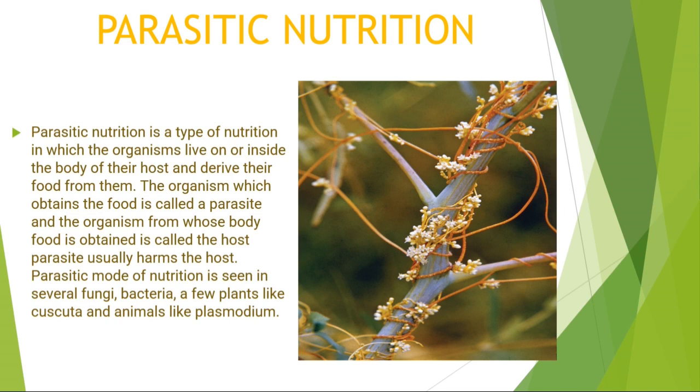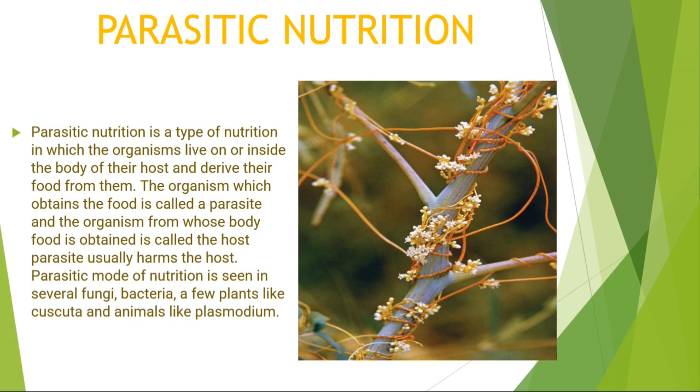Now let's read the definition. Parasitic nutrition is a type of nutrition in which the organisms live on or inside the body of their host and derive their food from them. The organism which obtains the food is called a parasite, and the organism from whose body it is obtained is called a host. A parasite usually harms the host.